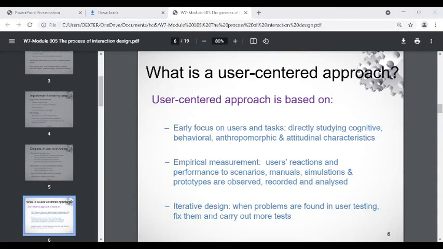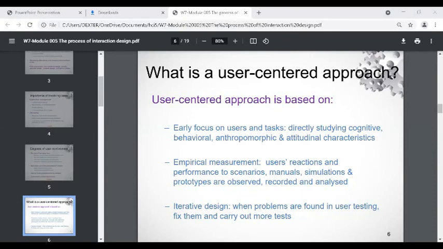So this means first understanding who the user will be by directly studying their cognitive, behavioral, anthropomorphic and attitudinal characteristics. So this requires observing users doing their normal tasks, studying the nature of those tasks, and involving users in the design process.